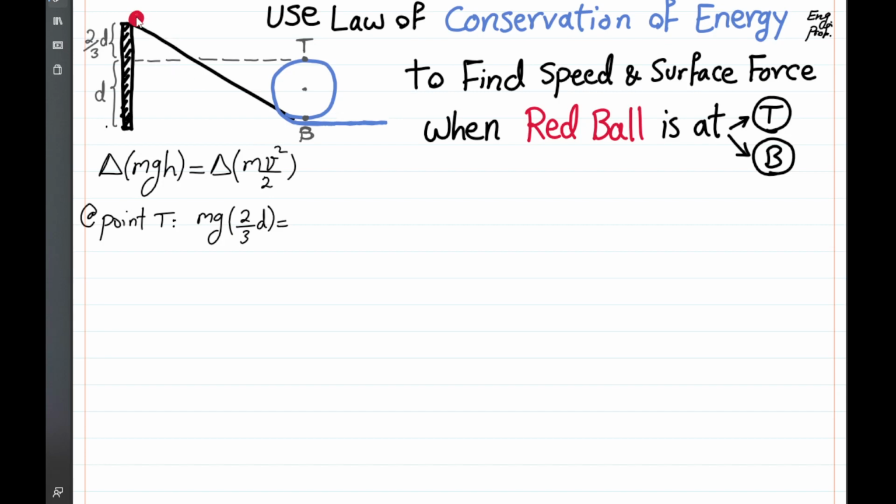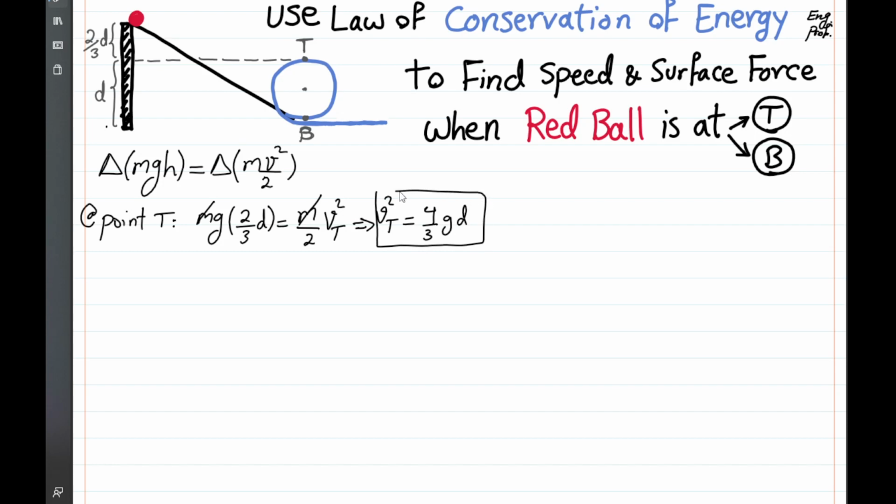Given the initial speed is 0, delta m v squared is just m/2 times v squared on top. M cancels out from both sides, so therefore we get v squared on top is equal to 4/3 g times d. Let's keep this as equation number 1.